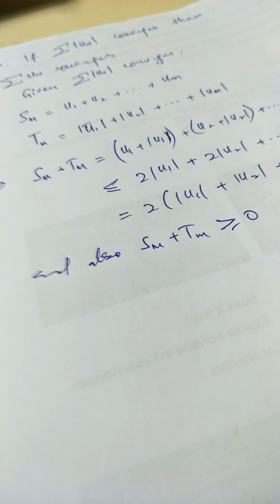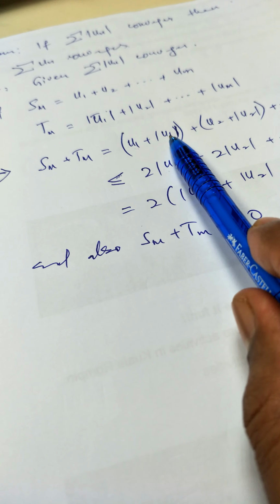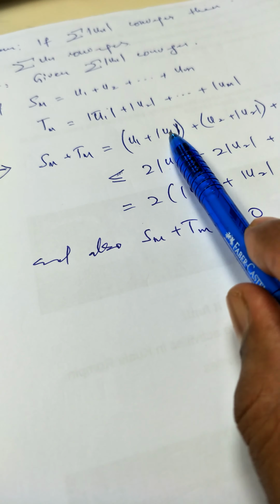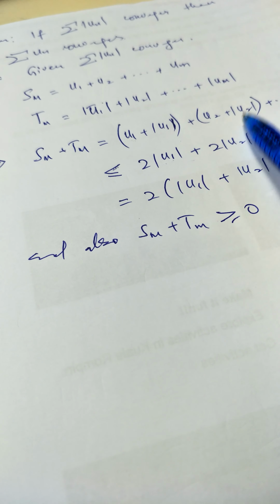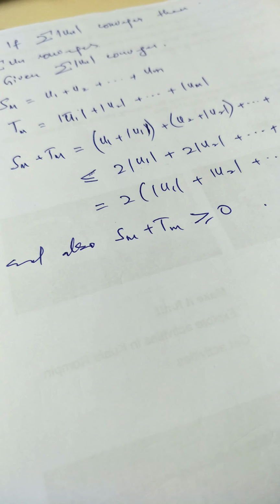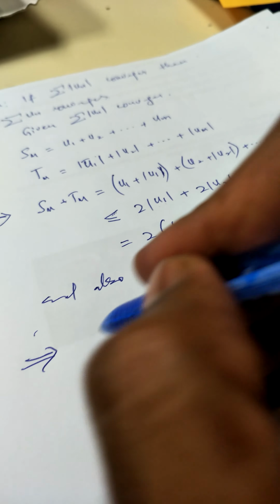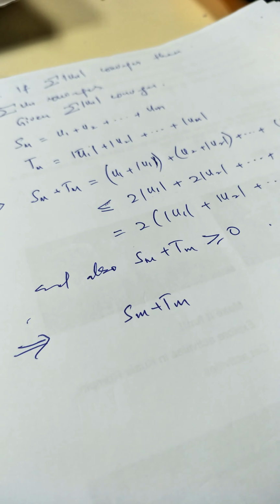How do we know this? Just look at it. If u1 is negative, the absolute value is positive, which gives you 0. If it is positive, then definitely those are positive. So it cannot be less than 0. Therefore Sm plus Tm is always nonnegative from that.